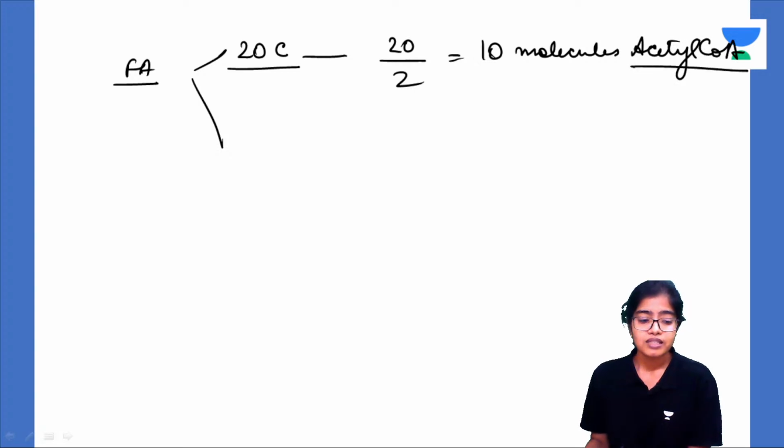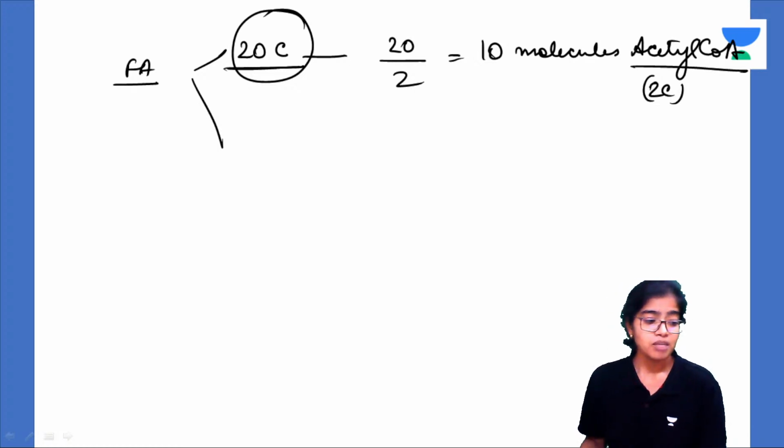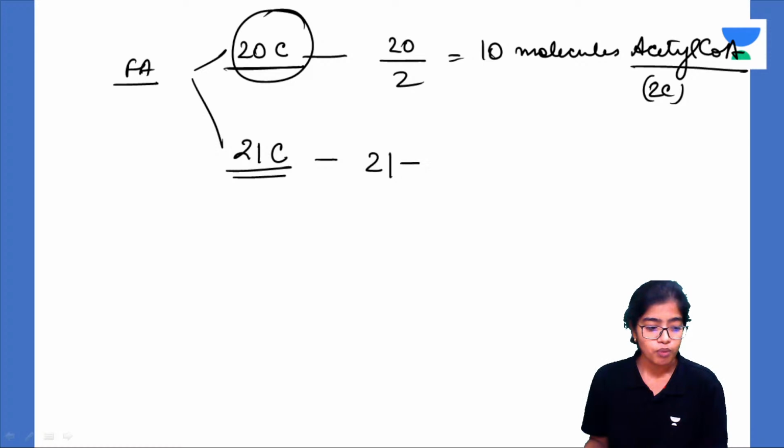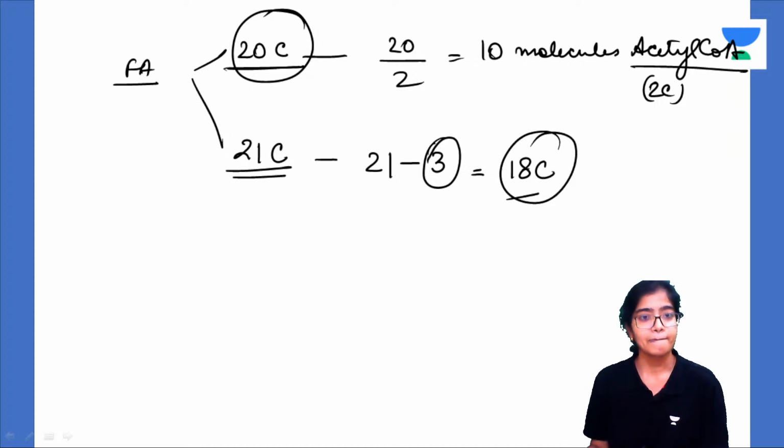Since acetyl-CoA is a 2-carbon compound, the number of carbons contained in the fatty acid will be divided by 2 to produce that many molecules of acetyl-CoA. But suppose it is an odd number of carbon containing fatty acid, then one propionyl-CoA molecule containing 3 carbon atoms will be first produced to convert it into an even carbon chain.